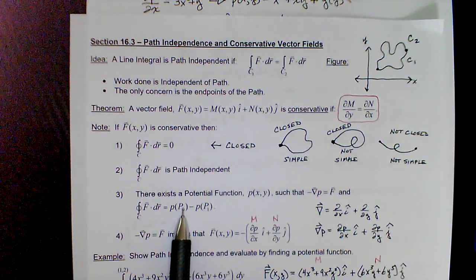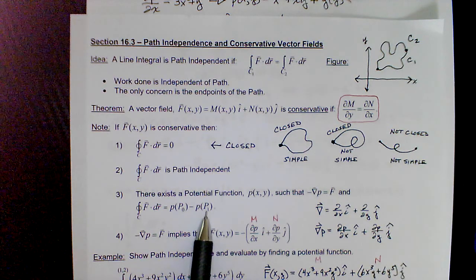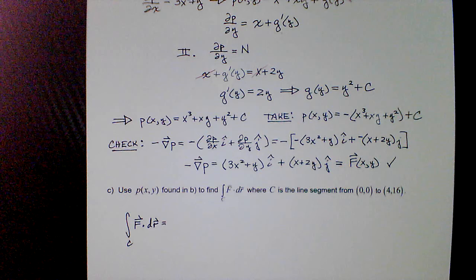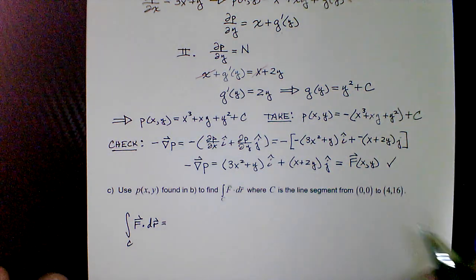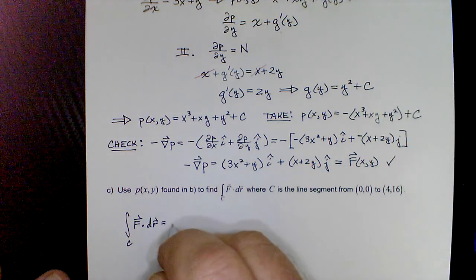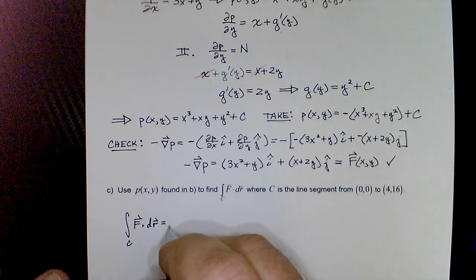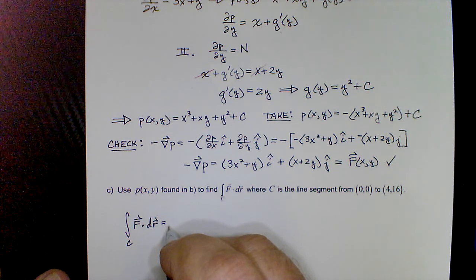It's the potential at the ending point minus the potential at the starting point. And so this is going to be, in our case, P of (0, 0).